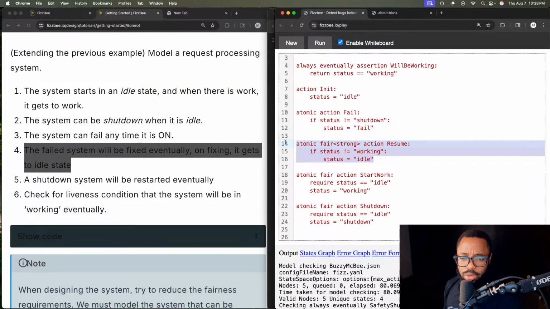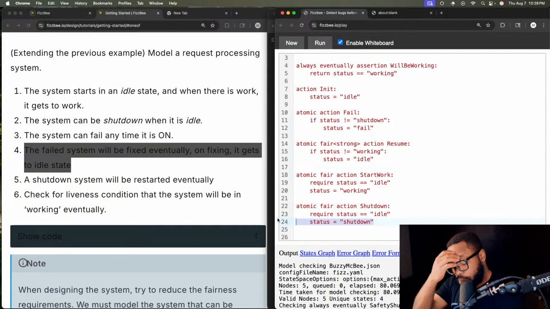What about shutdown? If I try to squat on idle, I can't. I eventually need to yield to shutdown or working. Well, let's assume that I always pick shutdown. Then it shut down.